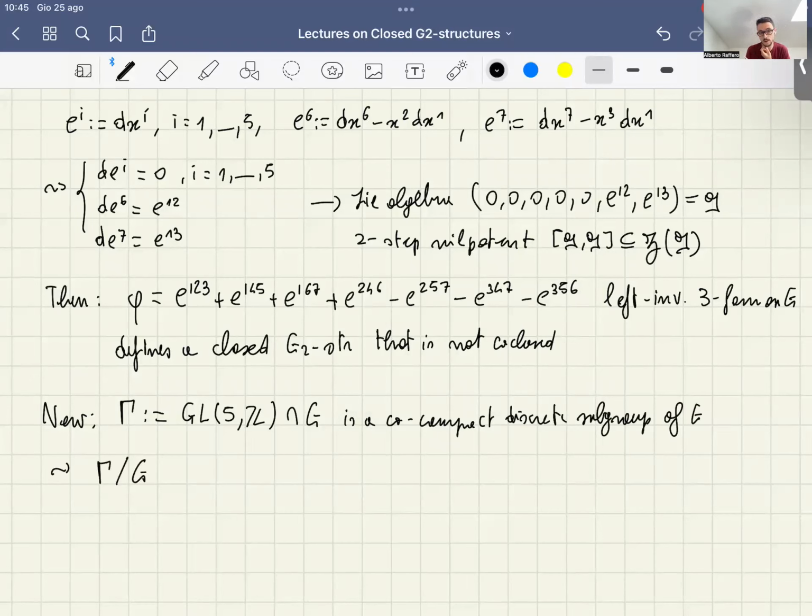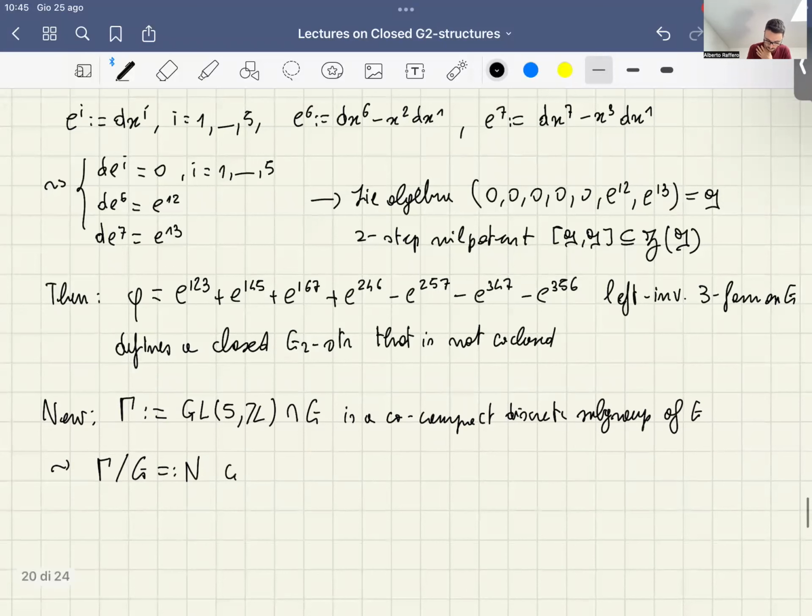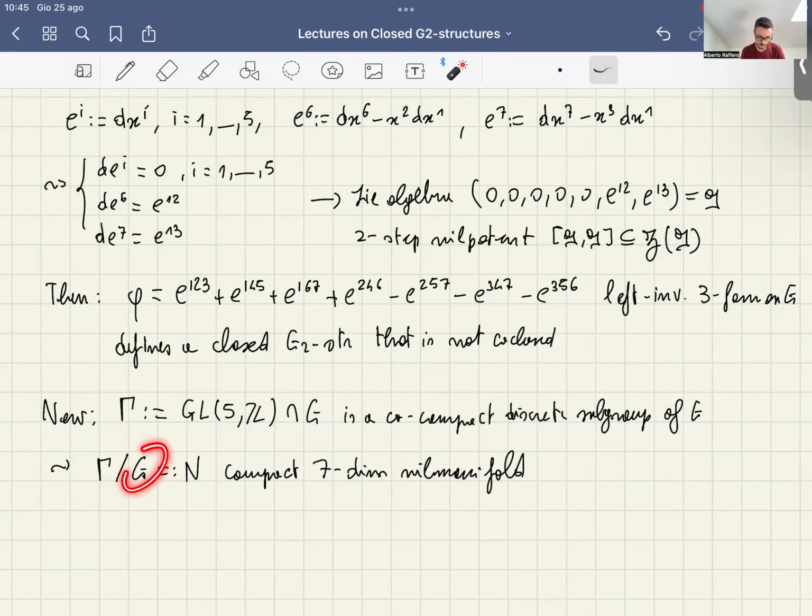And so you can let it act on the left and consider the quotient of G with it. Let's call it N for brevity. And this is a compact 7-dimensional nilmanifold, since G is a nilpotent group.